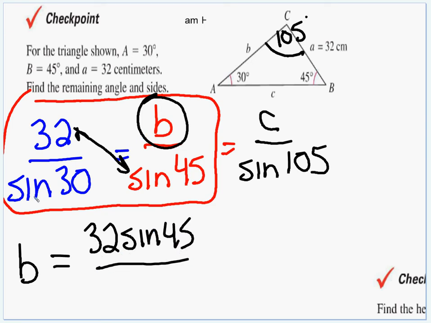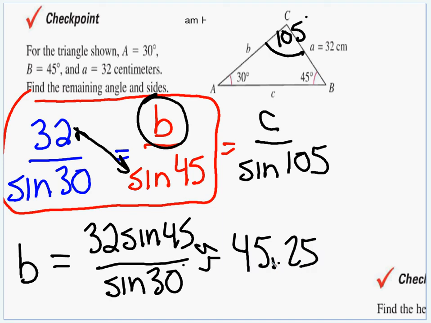And then the other side would be B times sine of 30, so we're going to divide by that sine of 30 that is across from B. And if you did everything right, that is going to be approximately 45.25. 45.25, and our units, they are given in the picture here, centimeters.